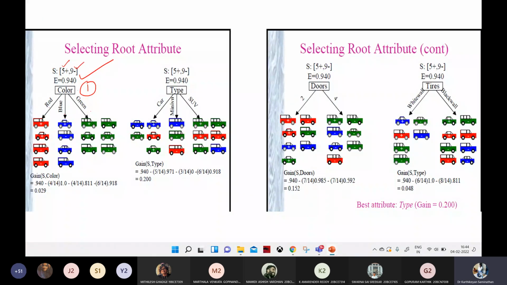There will be 3 cases, red, blue, green. For red, P plus N is 4, out of an overall 14, into the entropy value of red.